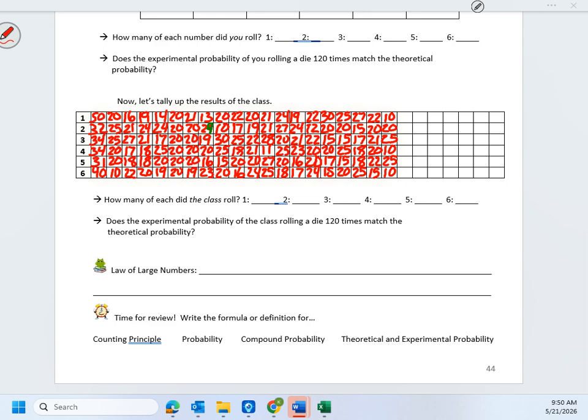While we're waiting for those ones, friends, I'm gonna go through and read all of the ones. So listen for our ones: 50, 20, 16, 19, 14, 20, 21, 13, 20, 22, 20, 21, 24, 19, 22, 30, 25, 27, 22, and 10.